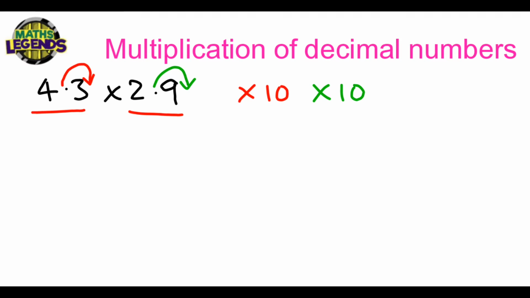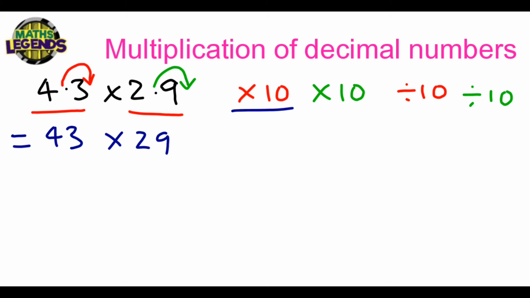But if we multiply by 10, we must also divide by 10 for each of the cases that we've just done. So now we can write 43, because we multiplied by 10, times 29, multiplied by this 10, divide 10, and divide 10, which is divide 100, because 10 times 10 is 100.